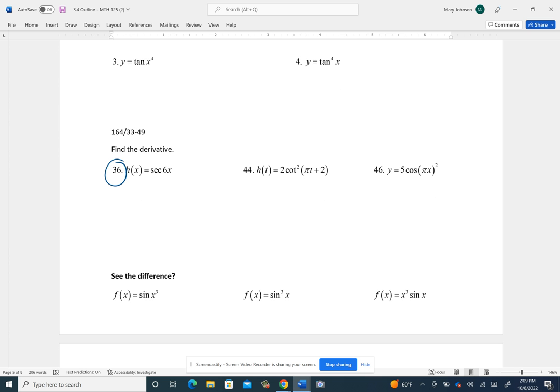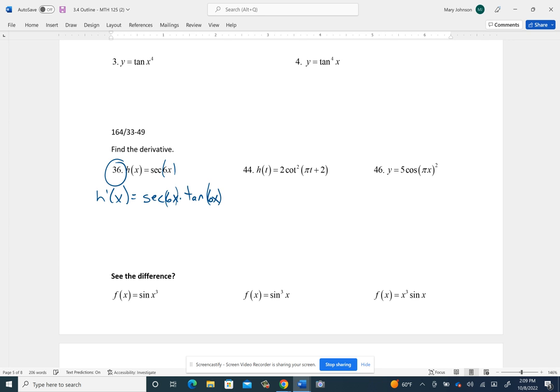All right, so this one is secant of 6x. So if you put a number in for x, you would multiply by 6 first, then do the secant. So you start with secant when you do the derivative, and you think, okay, the derivative of secant is secant tangent. So it would be secant 6x times tangent 6x. And this really means this. It's the input.